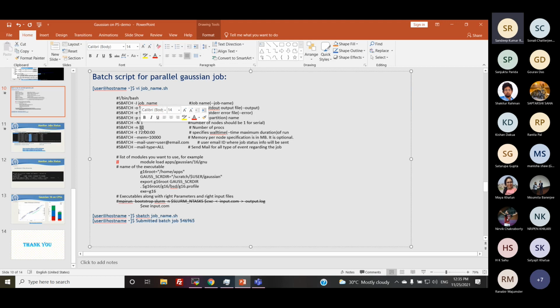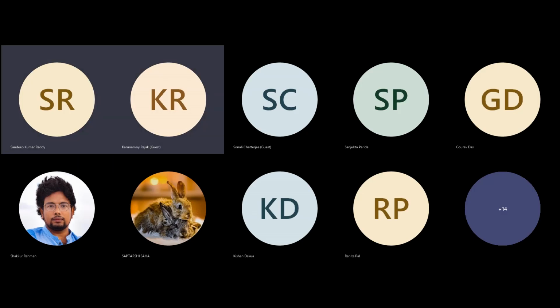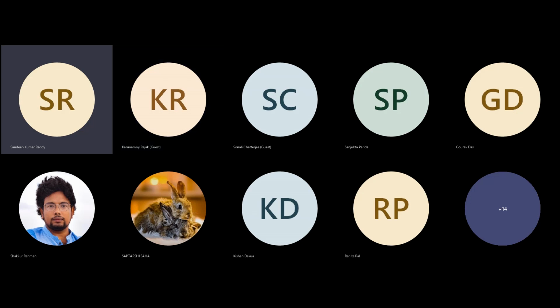Then it will occupy 10 processors from Param Shakti, but it will run on a single processor. So whoever uses Gaussian needs to make the change in both places. They need to be a little careful there.